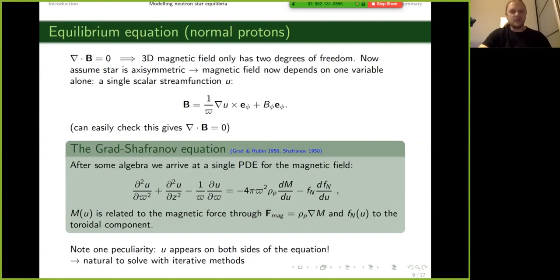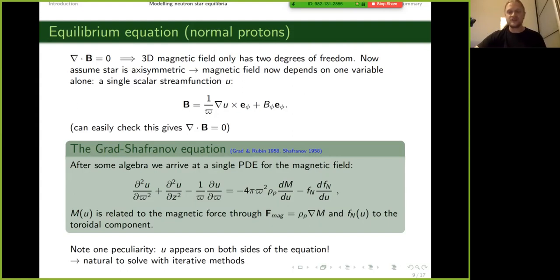Basically, after a number of algebraic tricks, you arrive at an equation, this PDE in the green box, which is called the Grad-Shafranov equation, after 2 of the 3 authors who first arrived at it in 1958. I don't know where Rubin went. On the left-hand side, you have an operator which is almost a Laplacian, but the sign on the last term is wrong.